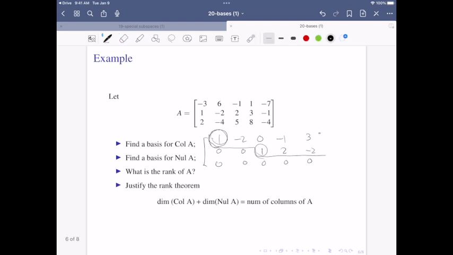So this is REF for A. After many EROs, we can get this REF.